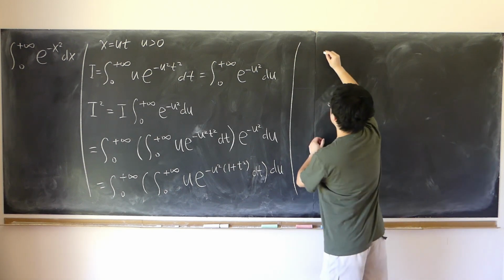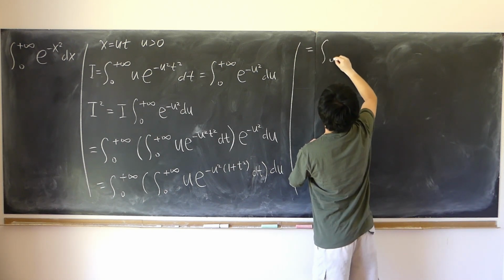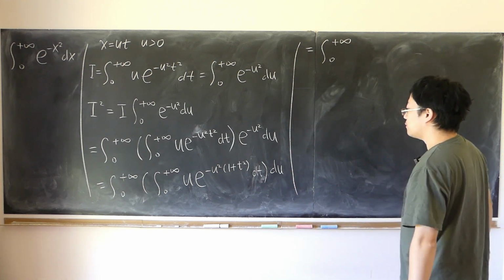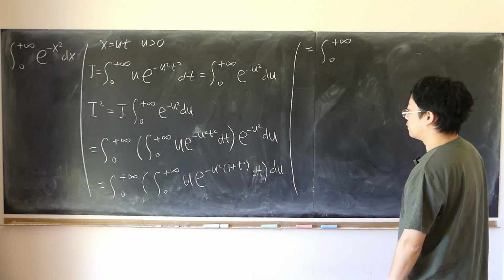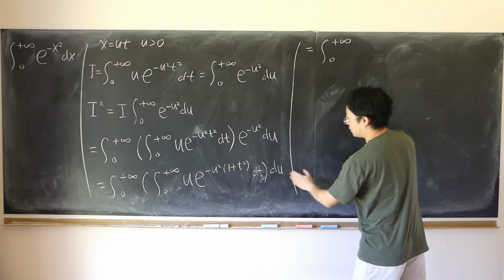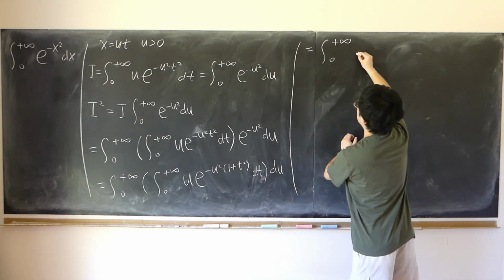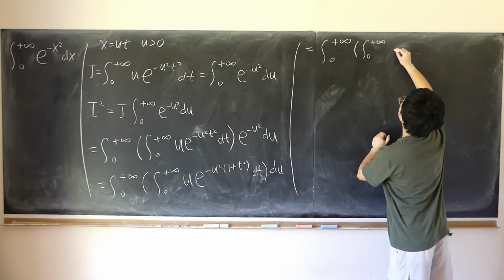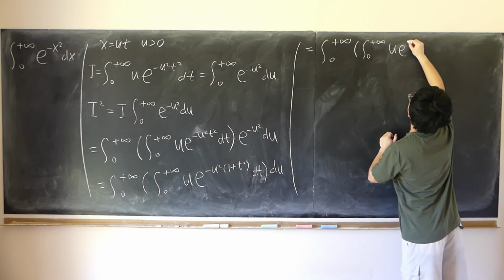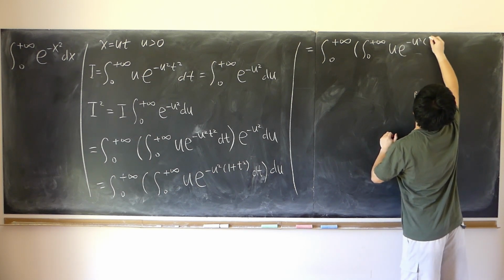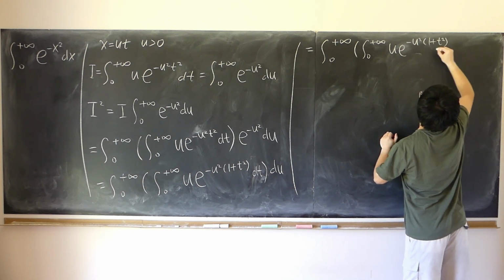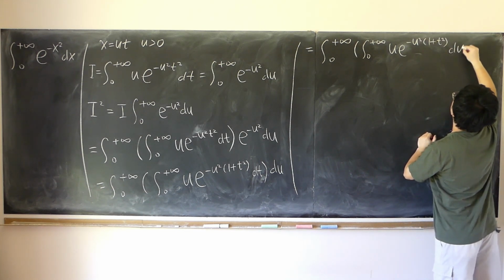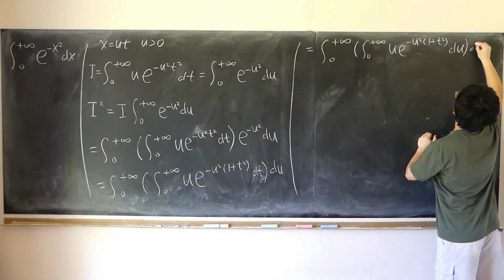So first, I say 0 to positive infinity, u e to the negative u squared, 1 plus t squared. I want to do first du, then I want to do dt.